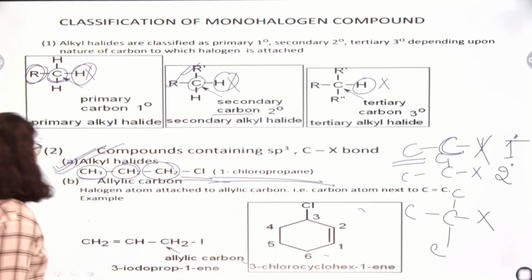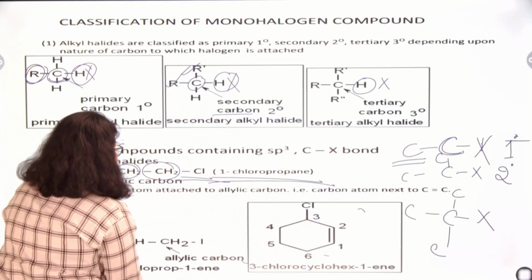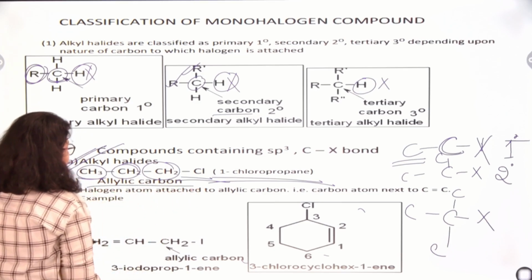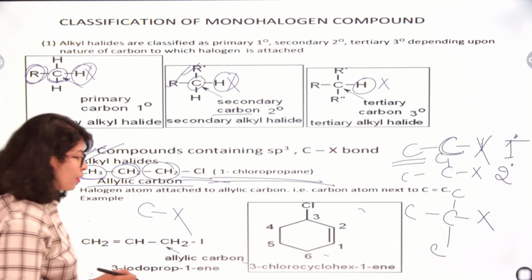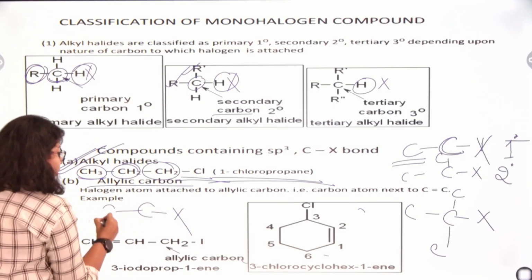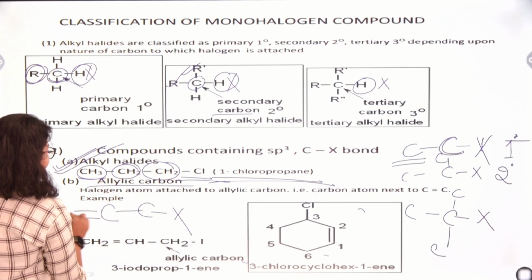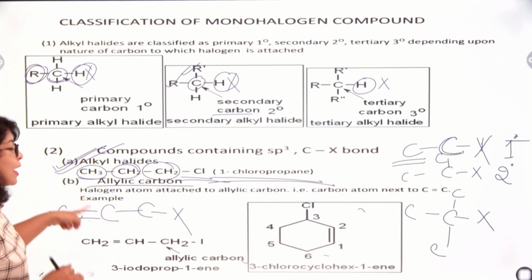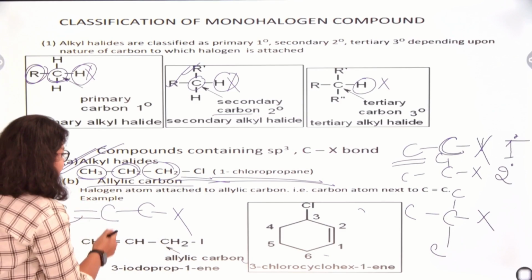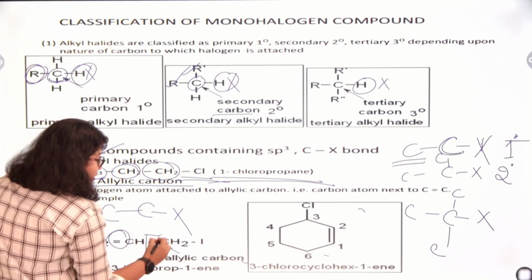Now if I see allylic carbon, what do you mean by allylic carbon? See, if the carbon hydrogen or the carbon halogen bond is associated to a carbon which is next to a double bond, this kind of system is called an allylic system. That means the double bond is interrupted by a single bond.